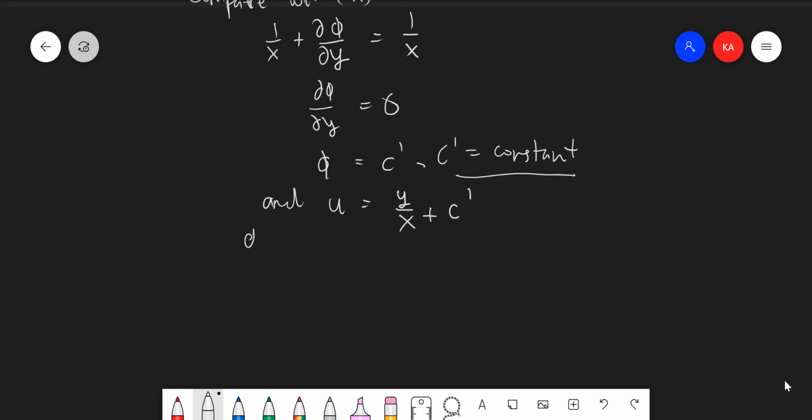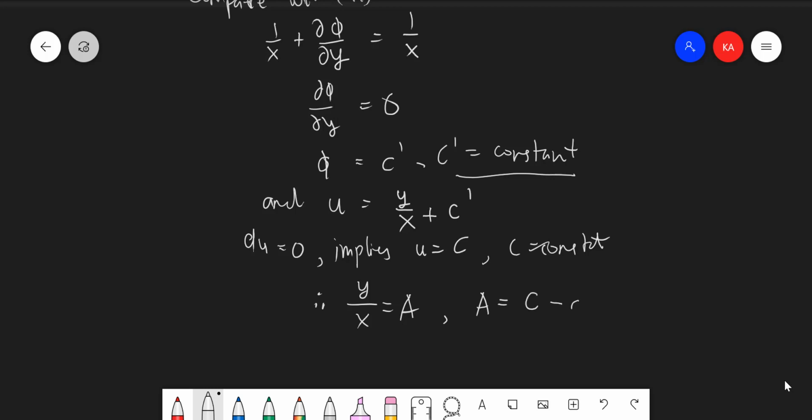Okay. Because du is 0, this implies u becomes c, and c is a constant. So y over x is a, and a is c minus c prime. This is the constant.